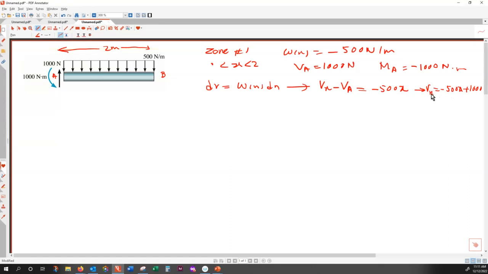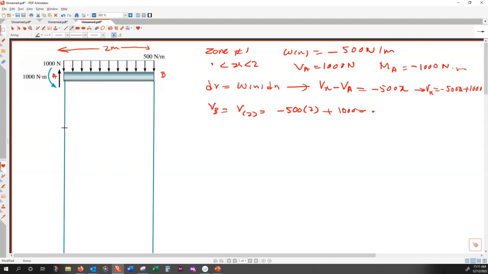So we can test this. At x equal to 0, V is plus 1000, and V of b, that is V at x equal to 2, is minus 500 times 2 plus 1000, that is equal to 0. So far so good.